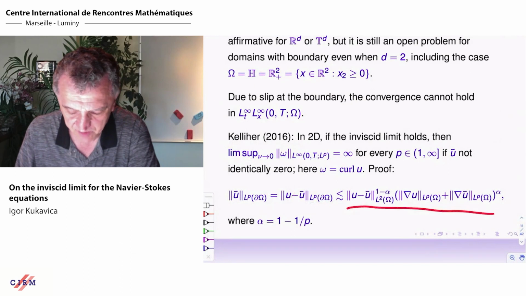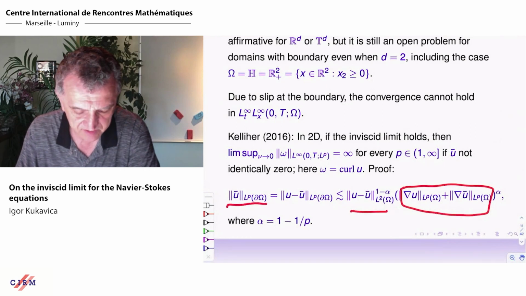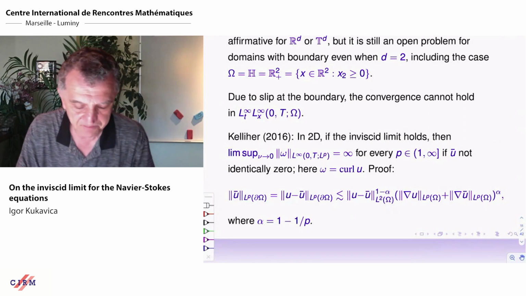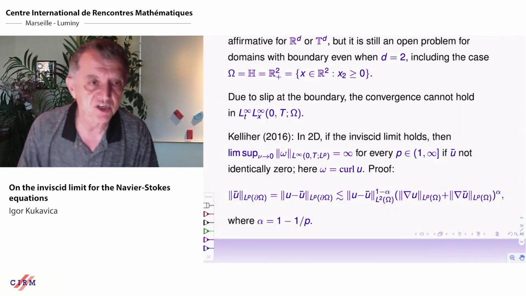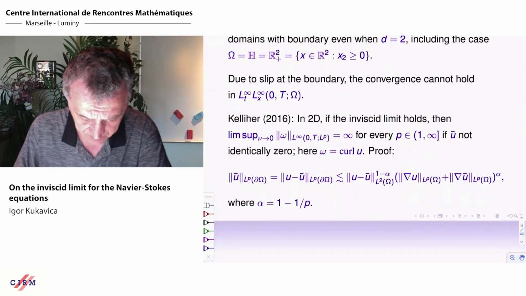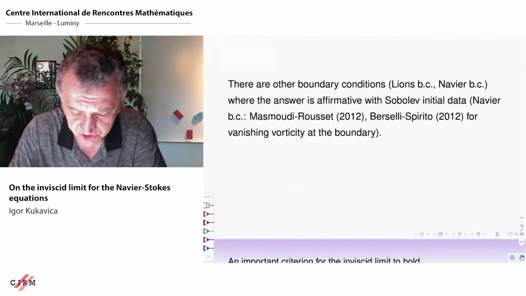Then we just interpolate. If this were bounded and converging to 0, we would get that this is 0, but it's not. We assume that the Euler solution is non-zero on the boundary.